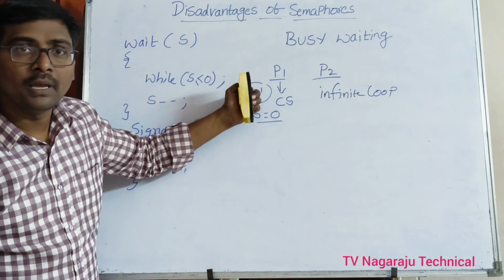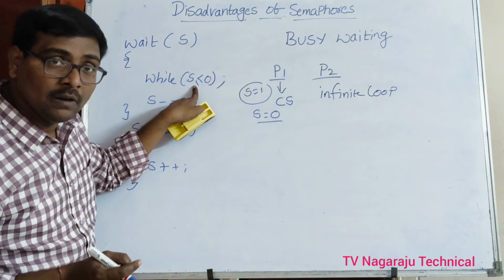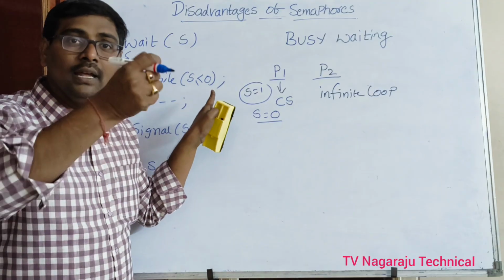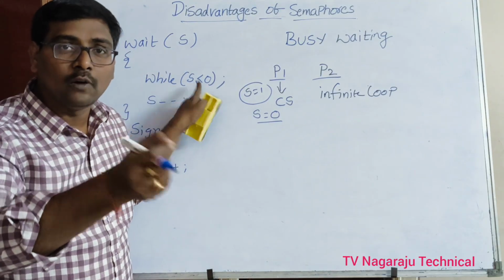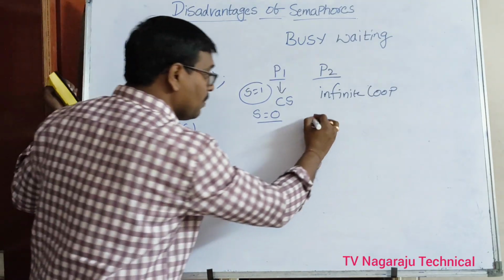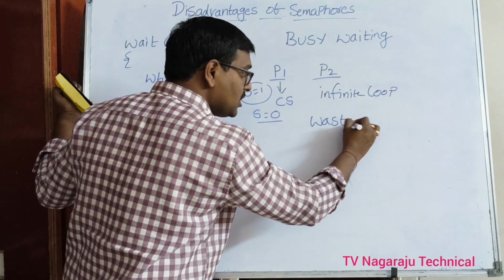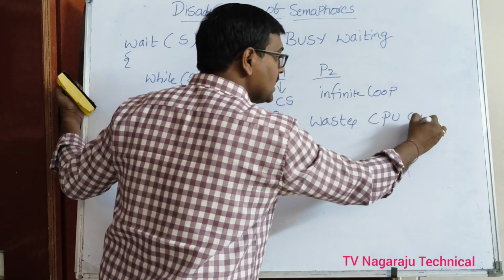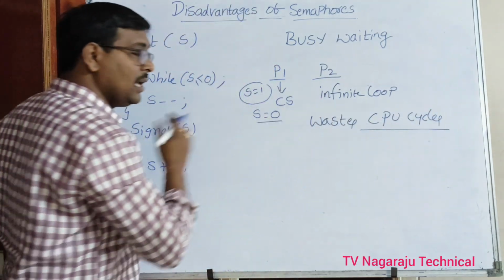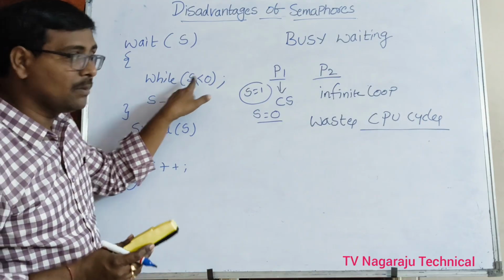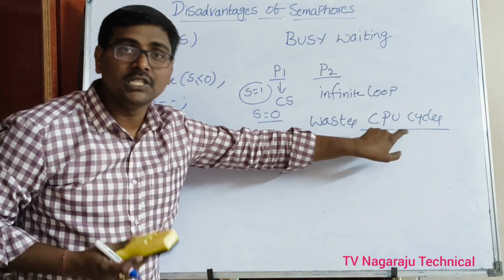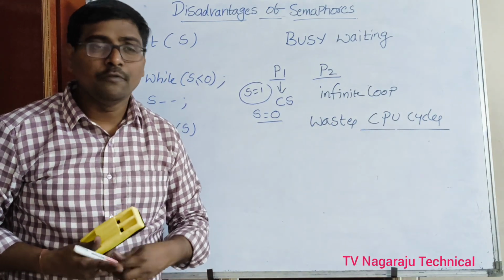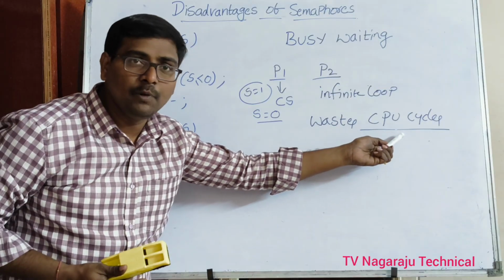What is the problem here? If it is in the infinite loop, regularly it checks the value of the semaphore. That means it wastes CPU cycles. You got the point? Even regularly checking the semaphore is a wastage of CPU cycles.